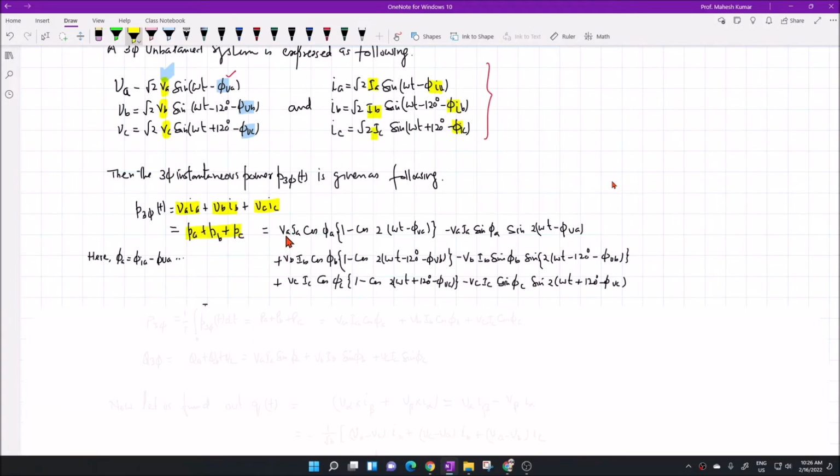So we will get the first one as BAIA cos phi A in bracket 1 minus cos 2 in bracket omega t minus phi BA. And the next term will be minus BAIA sin phi A, that is basically called QA. This is PA, and then sin 2 omega t minus phi BA.